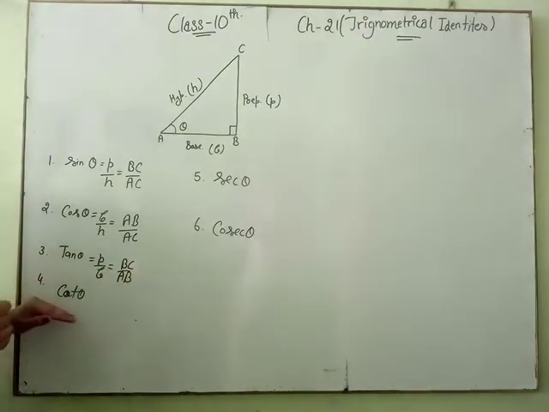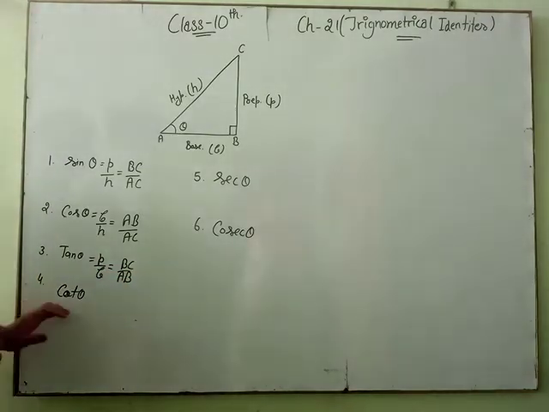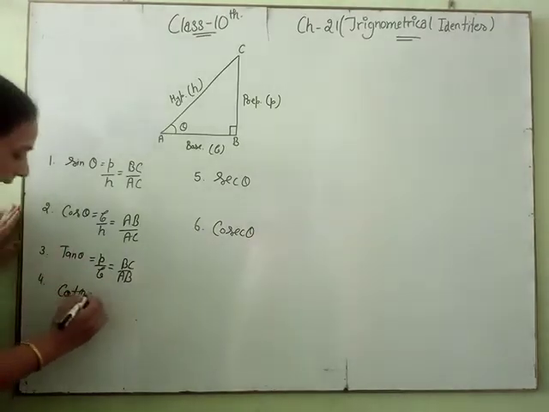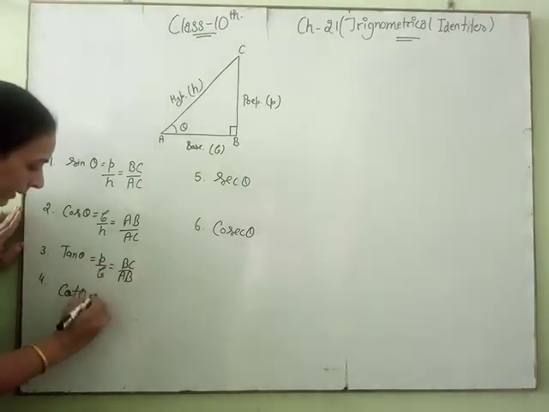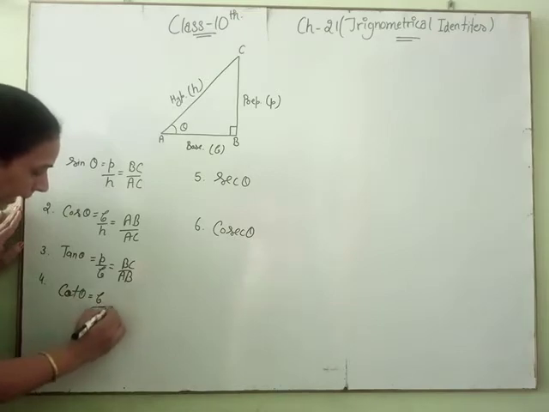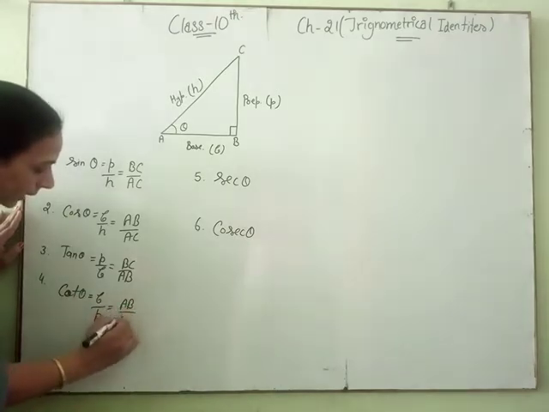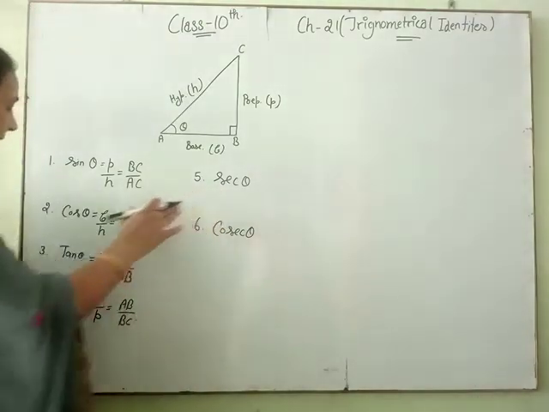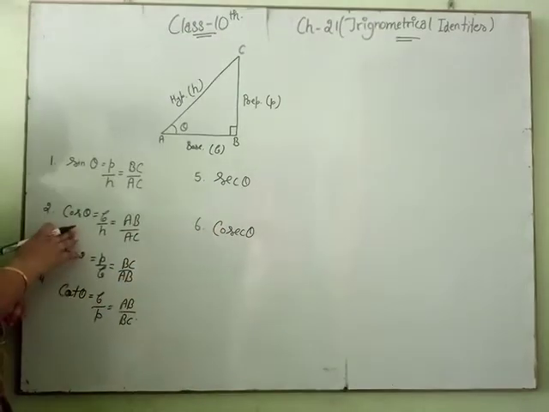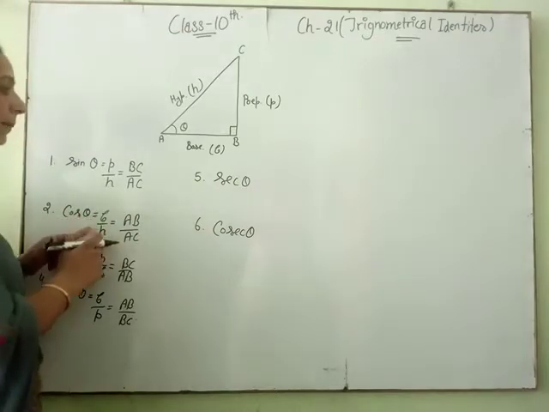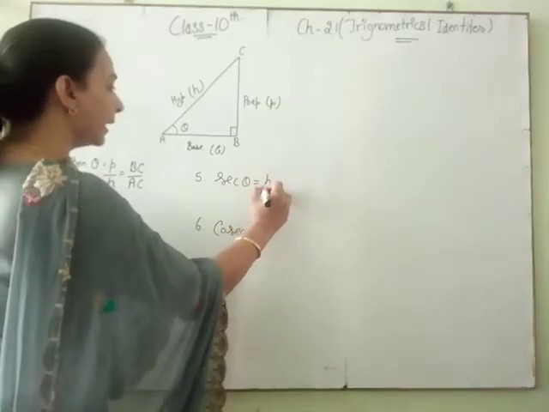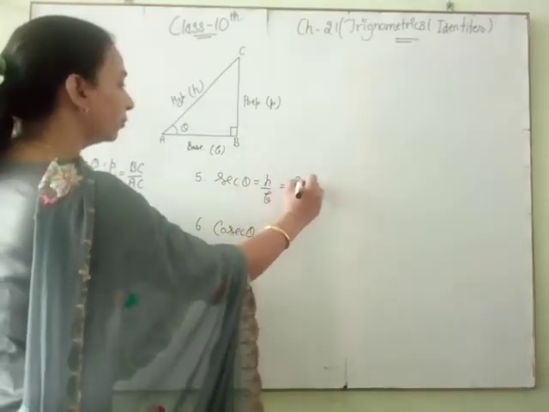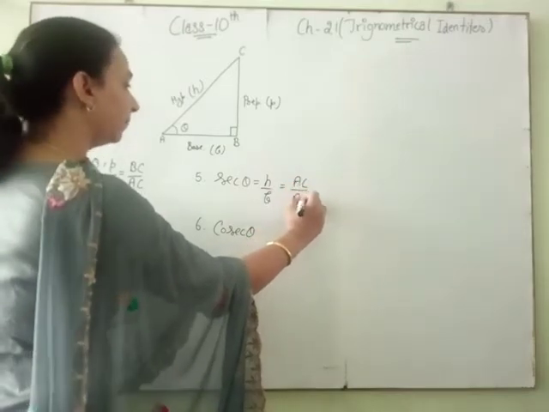Next is cotangent theta. This is the reciprocal of tangent theta. If tangent is P by B, then this is B by P, and we write this AB by BC. Next is secant theta. Secant theta is the reciprocal of cos theta. If cos is B by H, then secant theta is H by B, equal to AC by AB.